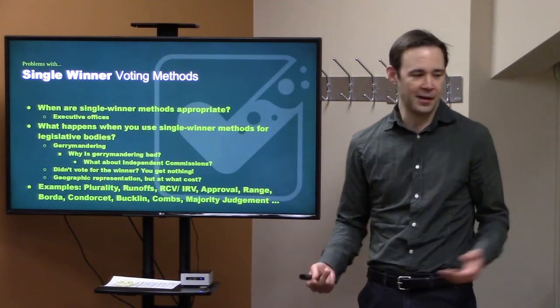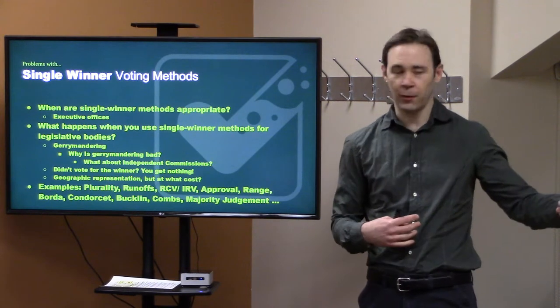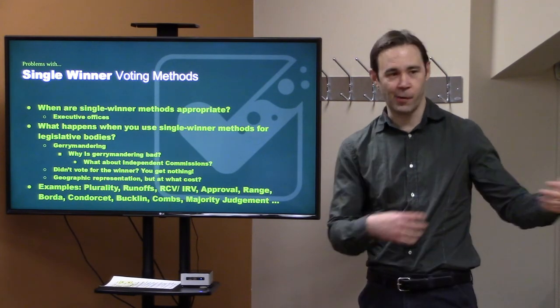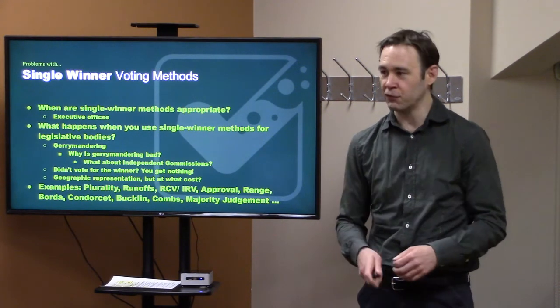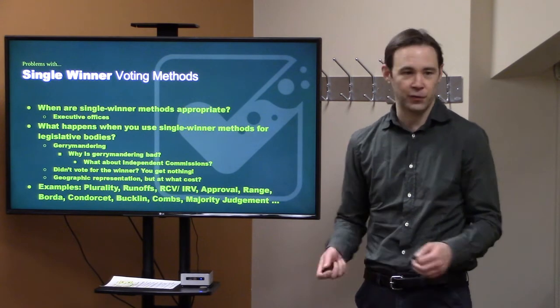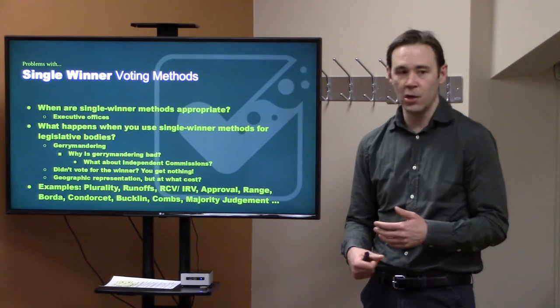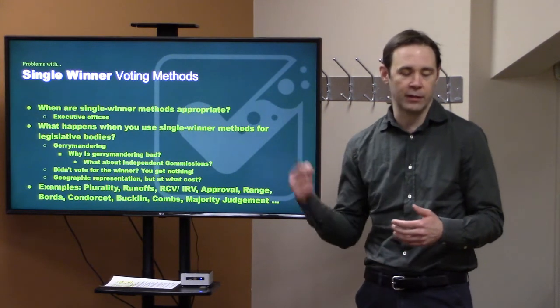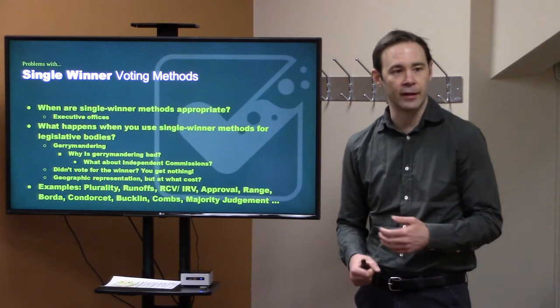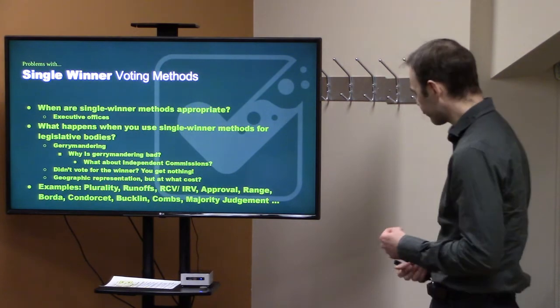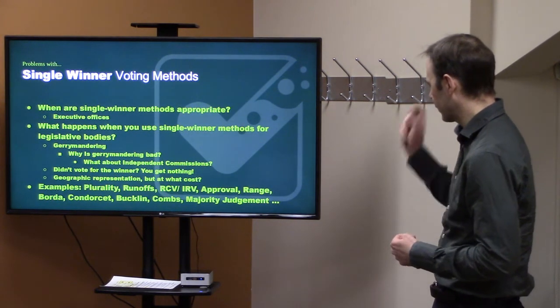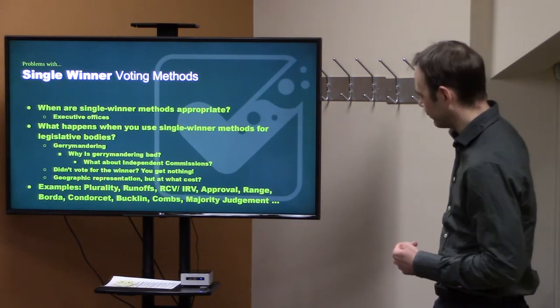It's when whoever happens to be in power at the time, whatever political party, gets the pleasure of drawing the lines and selecting who their voters are, and they manipulate it to maximize the number of people who will vote for them and get them seats in the legislature.